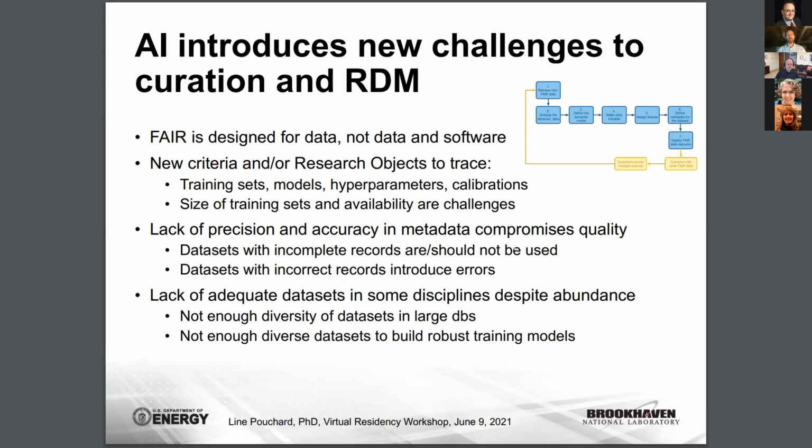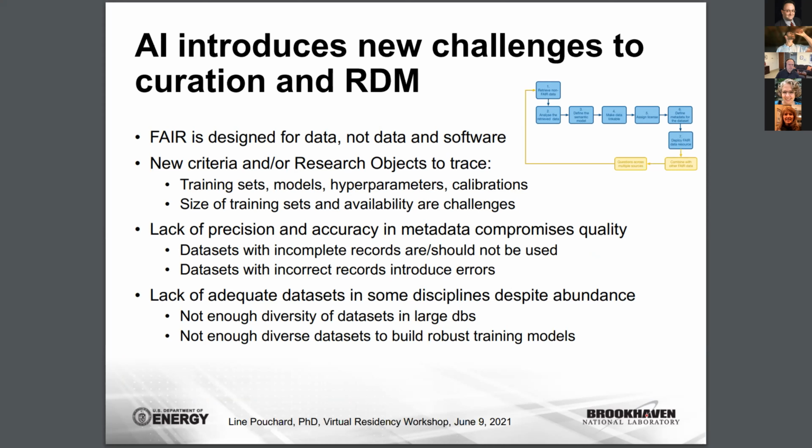And there is also a lack of adequate data sets in some disciplines, despite the abundance. For instance, in material science, studies have shown that there's not enough diversity of data sets in large databases.